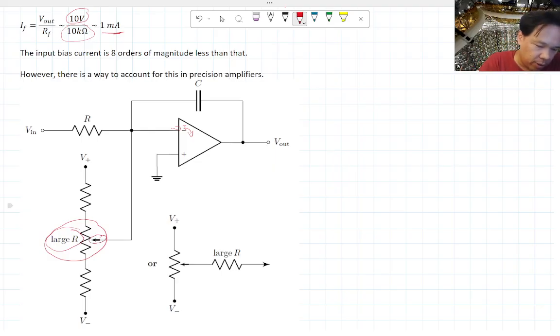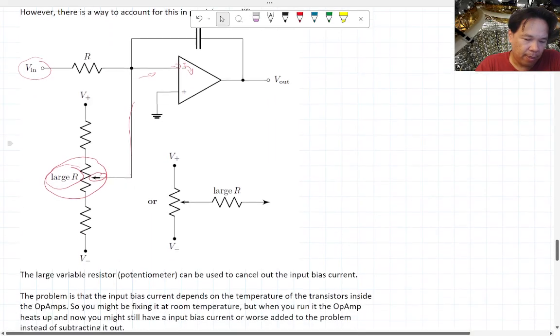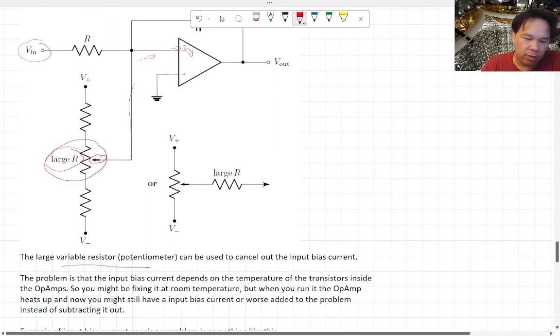That's the symbol. When you dial this resistor up and down, you get a different resistance. What that does is it'll supply that current, so instead of drawing current from your VN, the input is going to draw the current from this large resistor. That way you're offsetting this input bias current. So this large resistor is used to cancel this out.